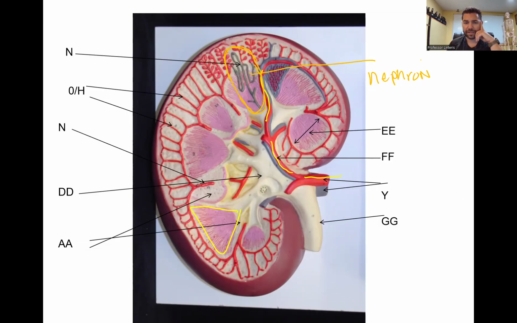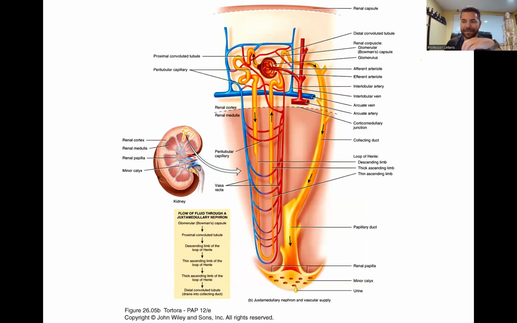Obviously, you can see the cortex and the medulla on here as well. This is our nephron. It looks complicated. There's a lot of different parts. On here, instead of having it be spread out, it's kind of overlapped. That's how it is in the kidney because they're stacked up a bunch of them. You can see your major parts over here.